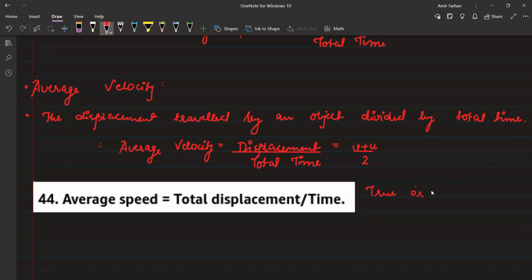Jabbar, Reem, Riaz, and Avni, please let me know which one is correct. It's false according to Reem. What about the rest of you? Sir, false. False, sir. Okay.